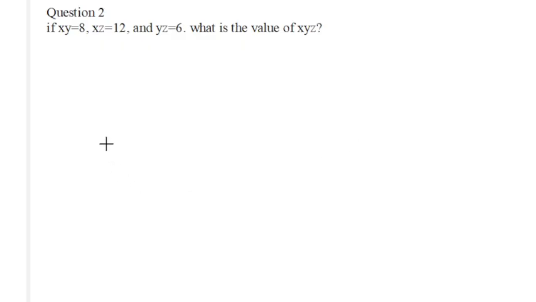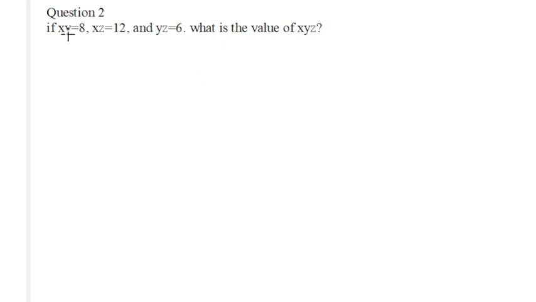All right, for this one, xy is this, xz is this, yz is this. So we are asked to find xyz.